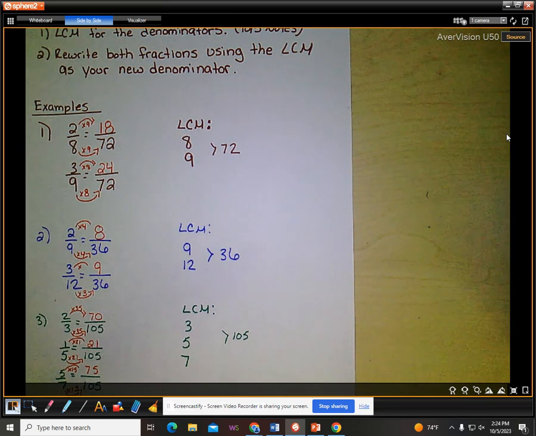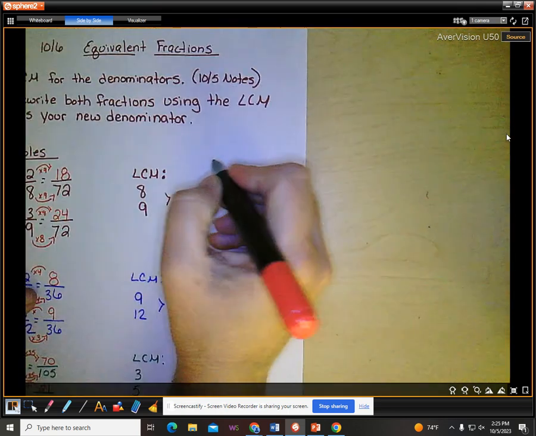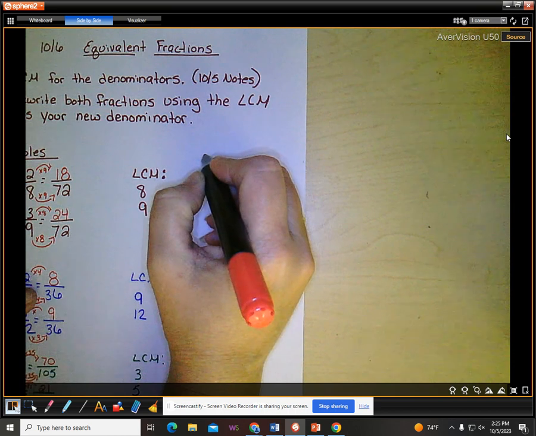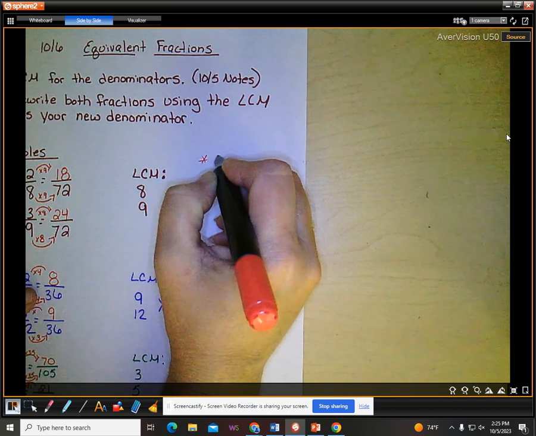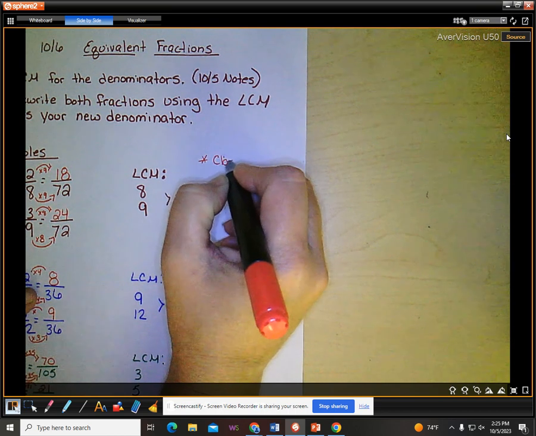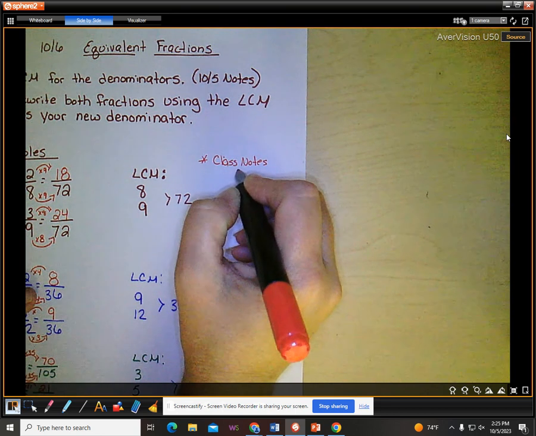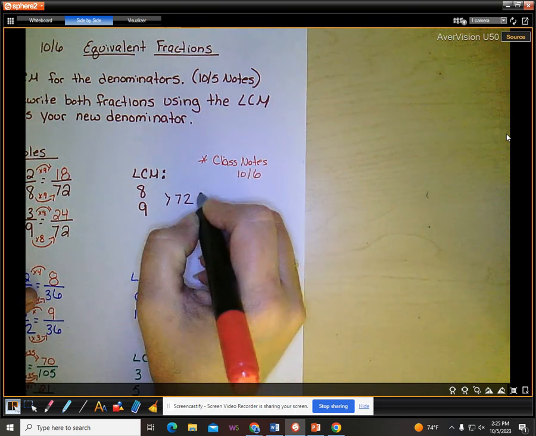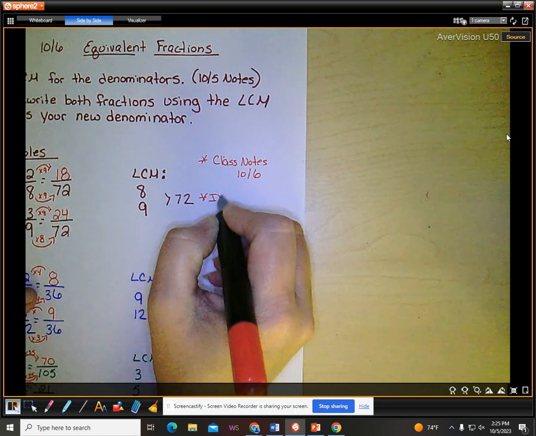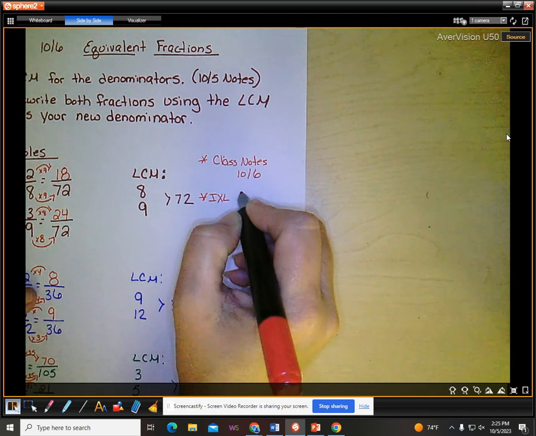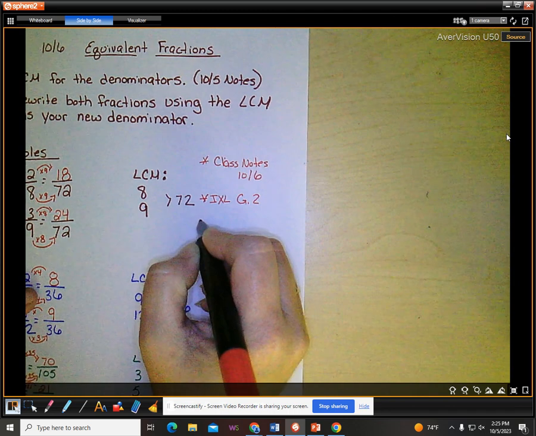So now what you guys are going to do is you will take a picture of your notes, upload it to class notes. So today you need to do first class notes for 10-6. Then you're going to work on IXL G2.